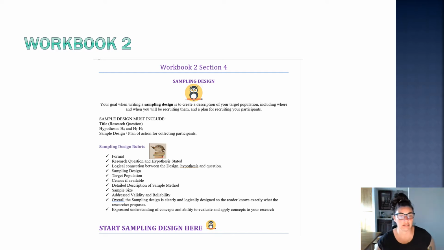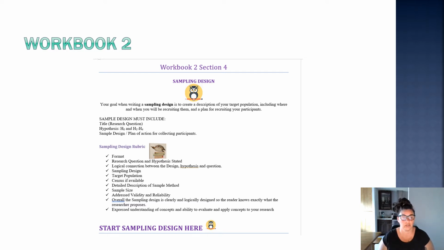So within your sampling design, it is going to be a description of how you are going to collect your people, your target population, including when, where, how, all of those things. Think of the standard when, where, how, and how you're going to collect the people to do research with, who it is you're interested in gathering data from.